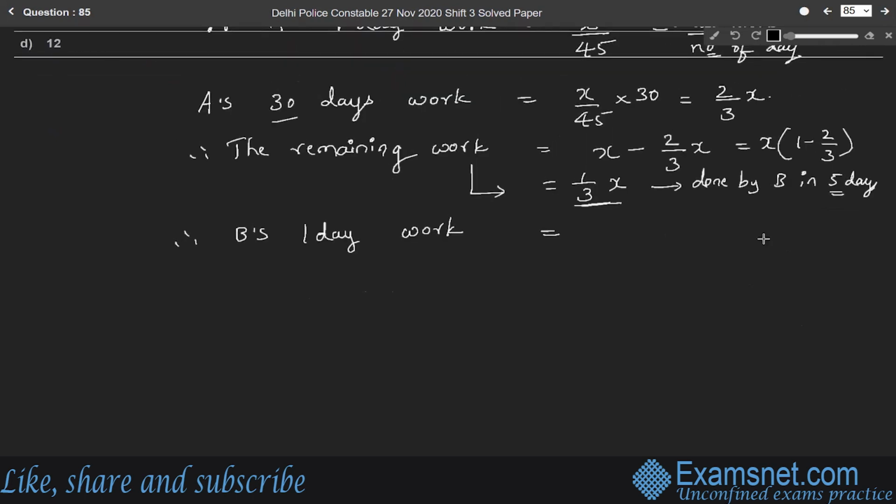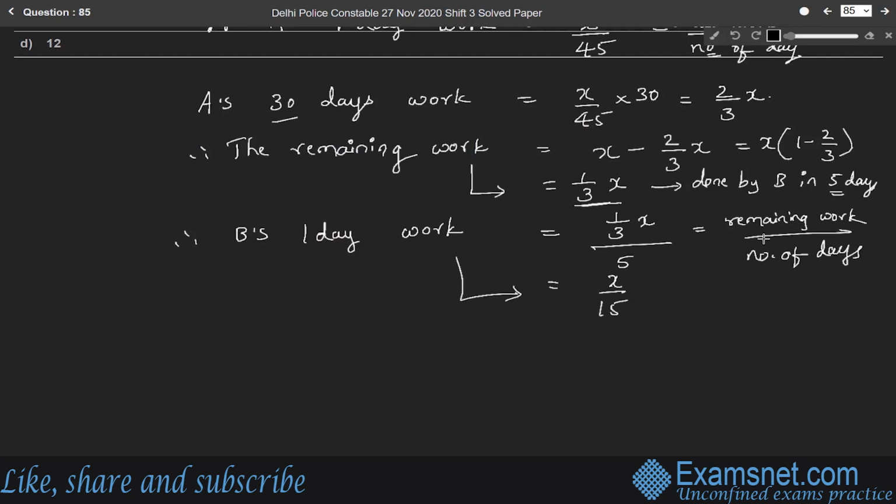Therefore, B's 1 day work is his total work, that means the remaining work, divided by number of days, which is equal to X by 15. So B's 1 day work is X by 15.